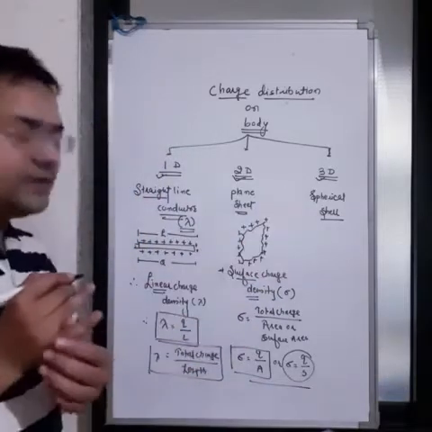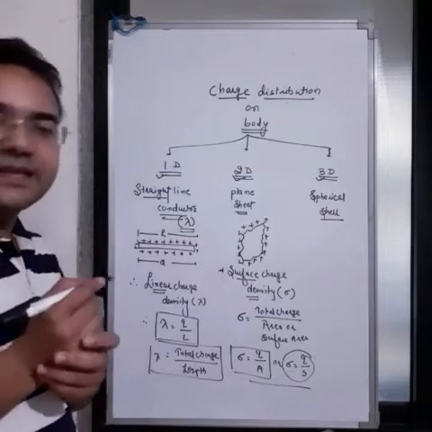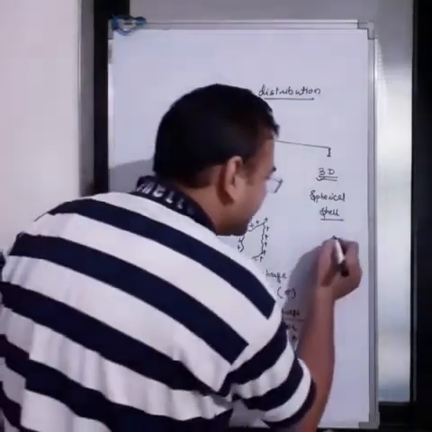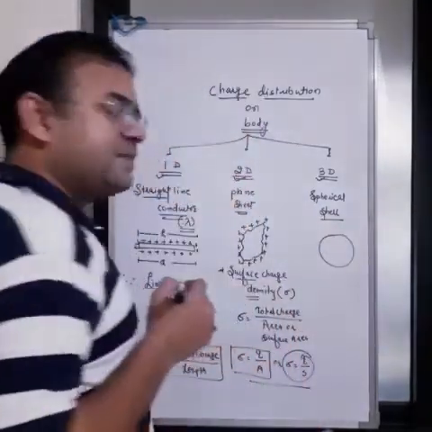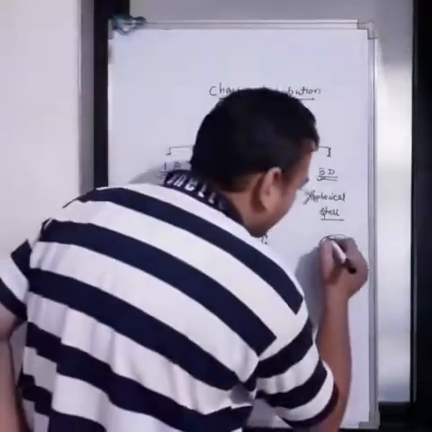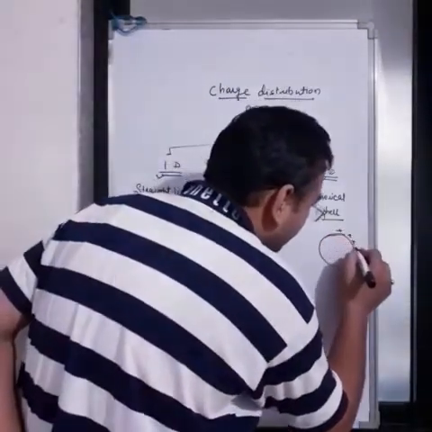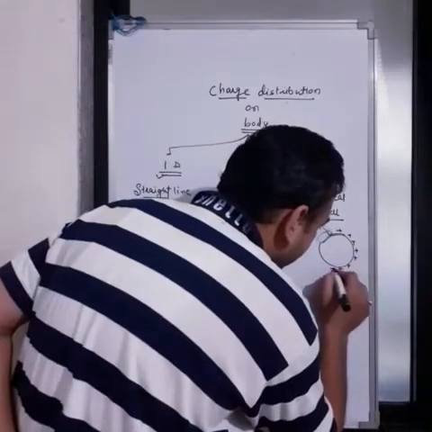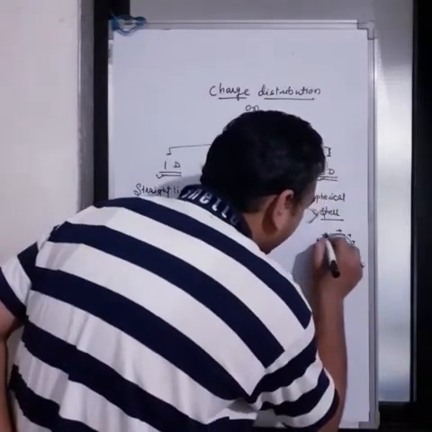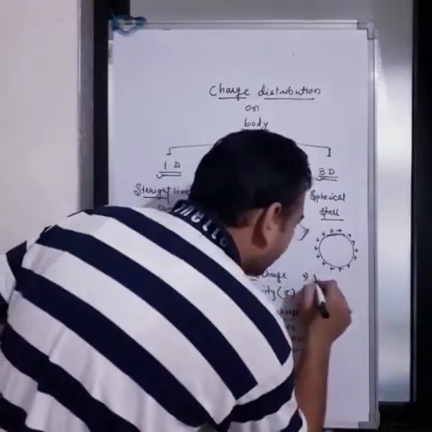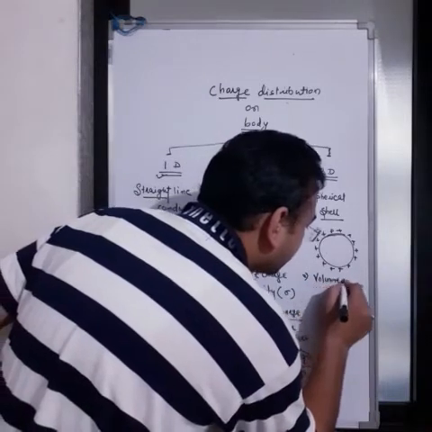The third one relates to the spherical cell. So we consider one sphere or hollow sphere in which charge is distributed on its surface, and this is called volume charge density.